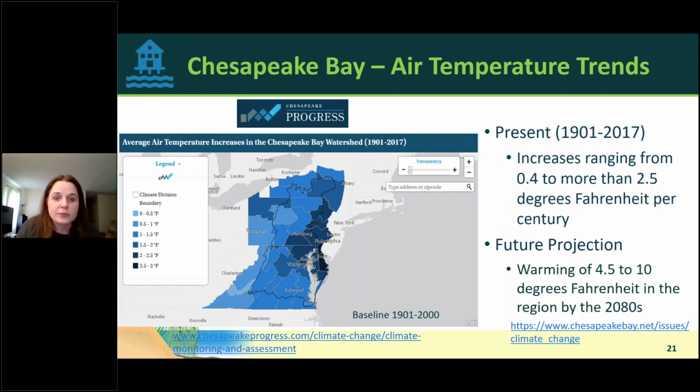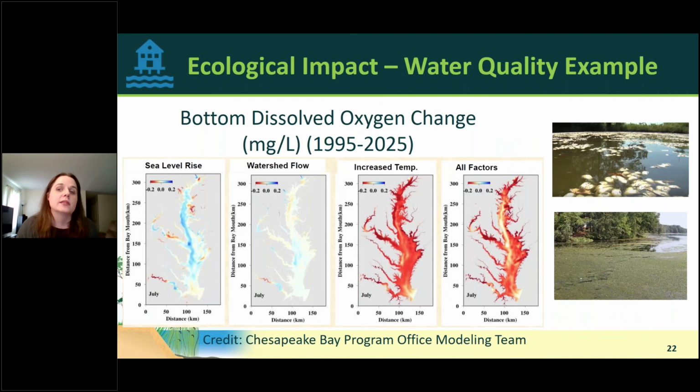And the increasing air temperature also results in increasing our water temperatures, which can cause the water quality problems I discussed earlier. And that's one thing the Chesapeake program is really focused on, trying to understand what exactly is happening with water quality under changing climate conditions. Are the measures we're putting in place now going to be good enough for the future?